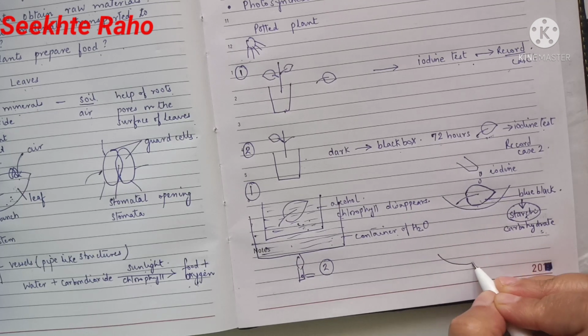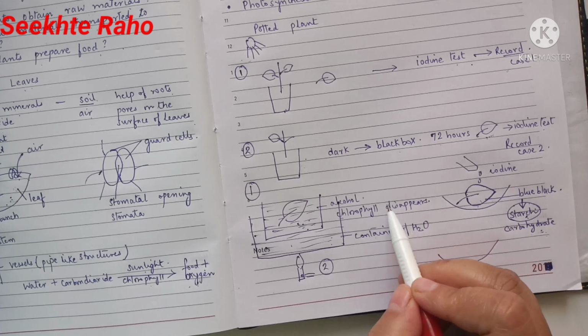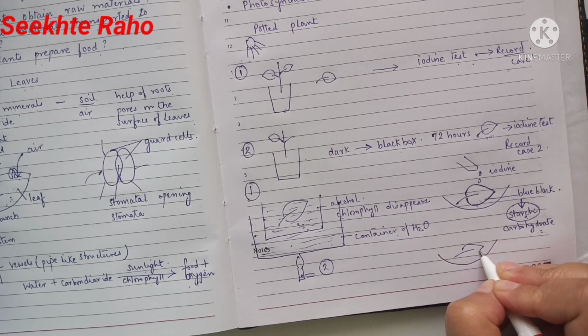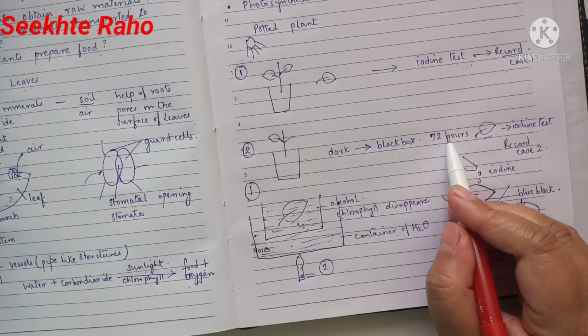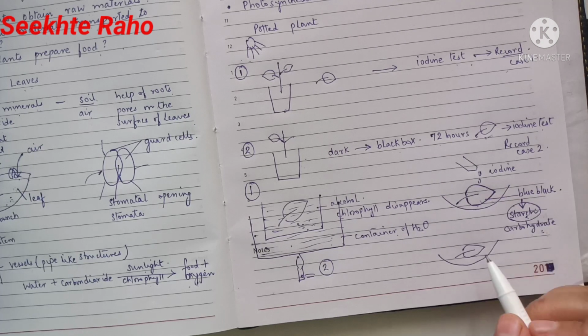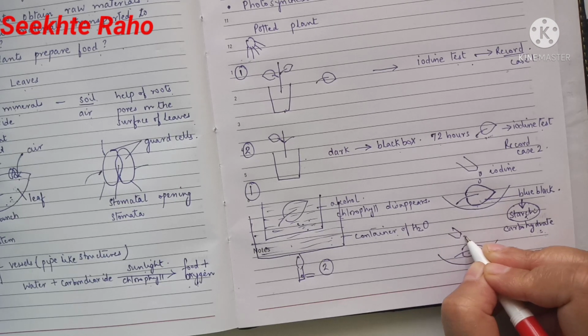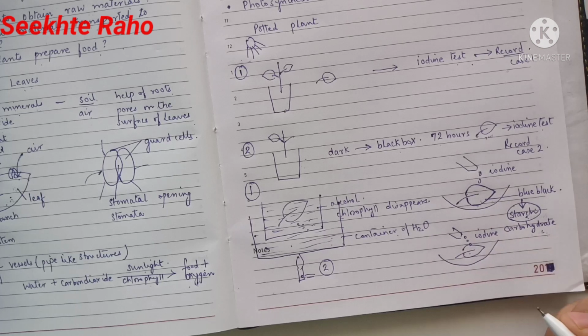Again we will take this leaf. After boiling, it has also turned colorless. We will wash it and again put 1 or 2 drops of iodine on it.